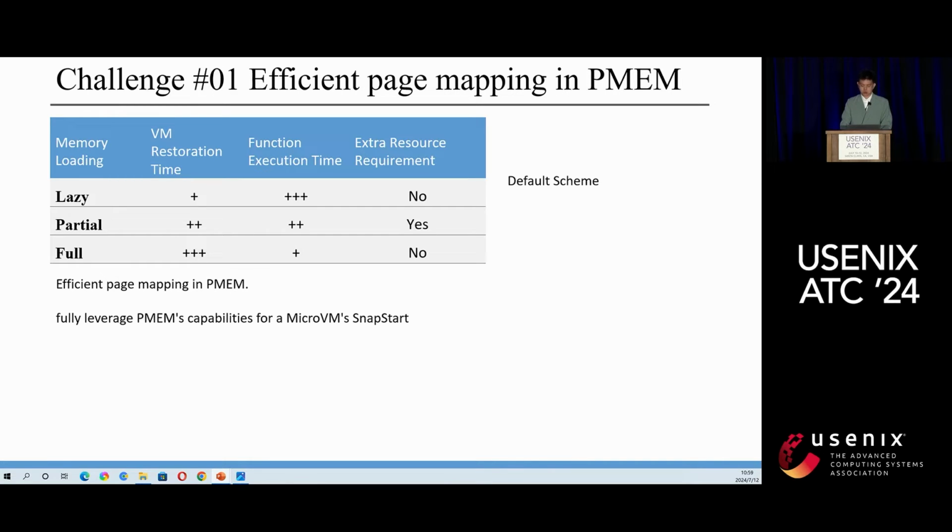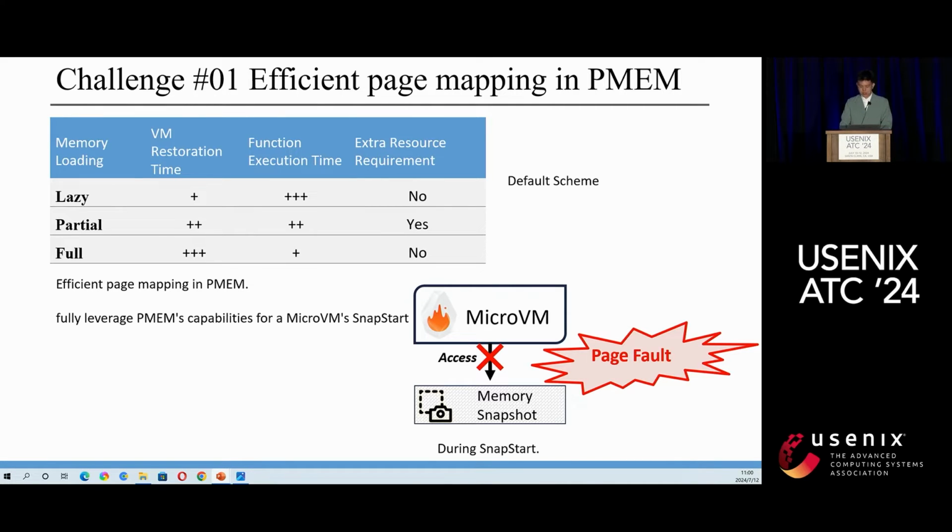Partition mapping lies in between, but requires deciding which portion to map ahead of time. Thus, adopting existing mapping schemes is insufficient to fully unlock PM's performance for MicroVM SnapStart. The system for MicroVM SnapStart employs lazy loading by default, which enables fast VM restoration time, but still suffers from page faults, leading to significant performance slowdowns.